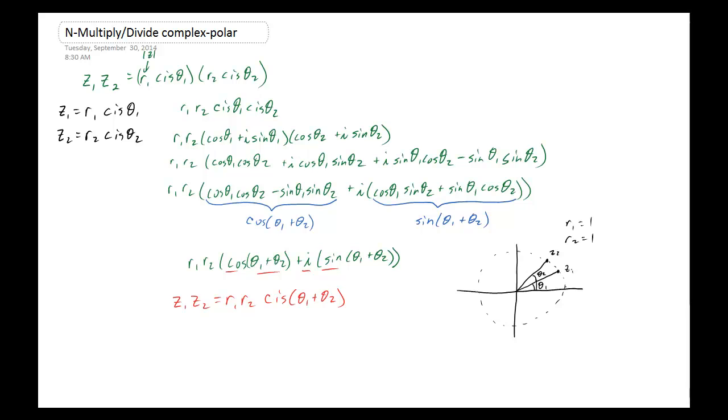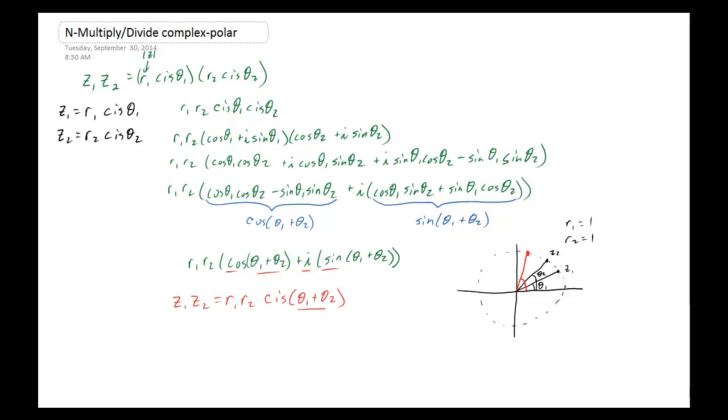So if I were to multiply z1 times z2 on the unit circle, then the result would still have a length of 1, r1 times r2. So I'd have a result that still has the length of 1, and then it would be cis, and the angle would just be theta 1 plus theta 2. So I would add those two together, and whatever that is would end up giving me something here, which has an angle that is now the sum of those two.